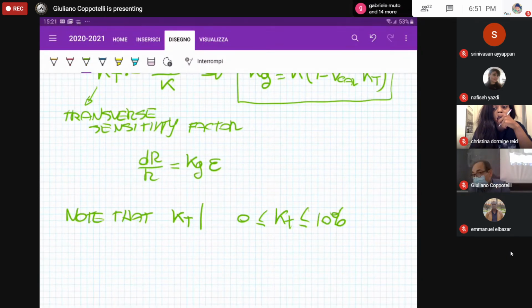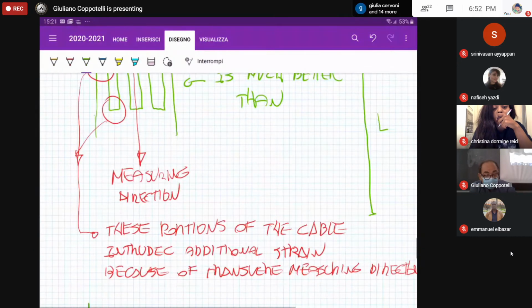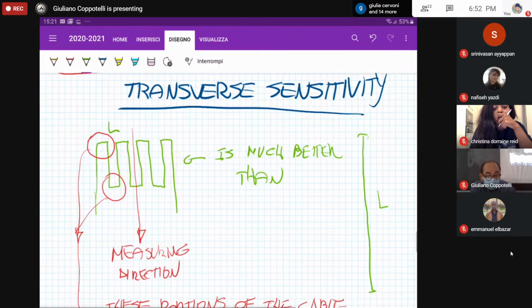Moreover, because of this measuring configuration, in order to reduce the sensitivity of the strain gauge, remember the main configuration is here on the left, a sort of grid. The wire is set in a shape that maximizes the length and tries to minimize the area which is defined.